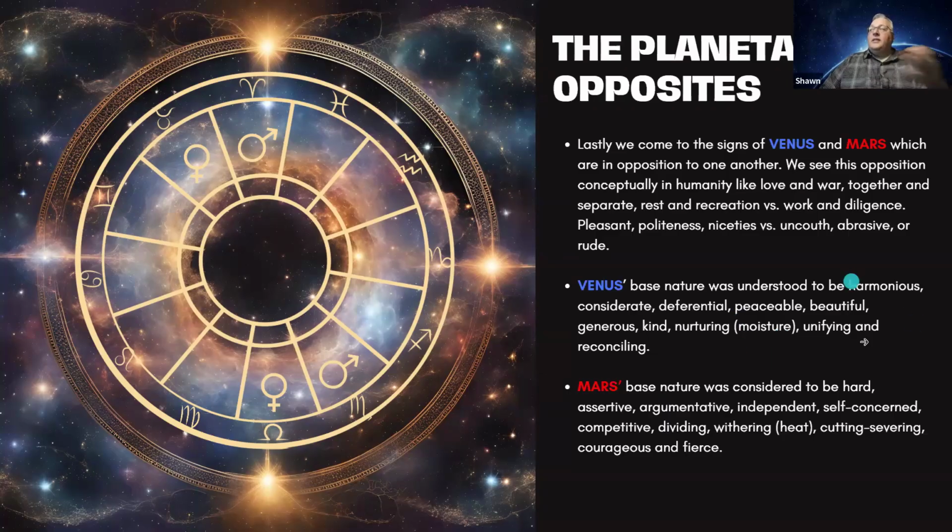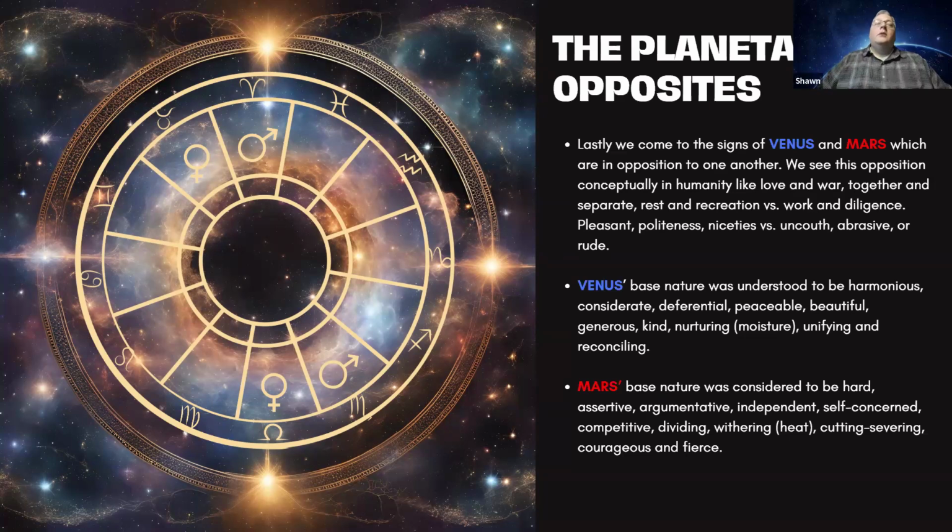Venus's base nature, like I said, was understood to be harmonious, considerate, deferential, always thinking about other people, peaceable. Venus loves peace. It's one of the reasons she rules Libra, the sign of diplomacy, considering two sides. You see that deferential quality. Venus loves beauty. She loves art. She's generous, kind, nurturing. One of the things that ancient astrologers equated with Venus was that she was cool and moist.